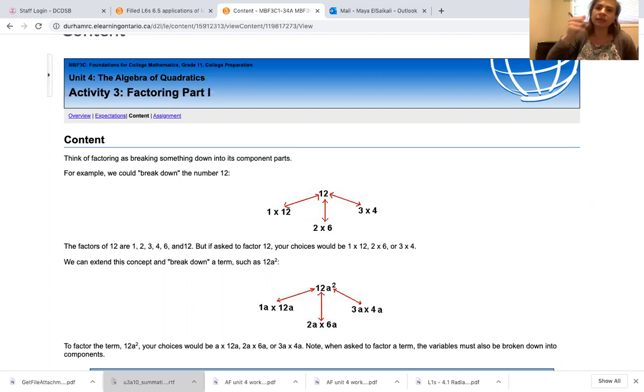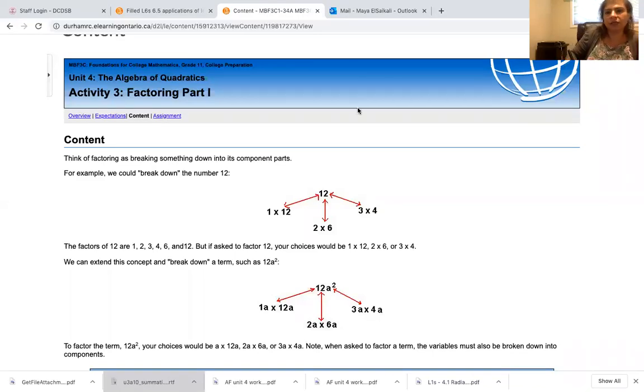So the first thing, let's define what the word factoring means. Why am I factoring? What's going on here? Remember that in previous videos, we said there are three different kinds of quadratic.